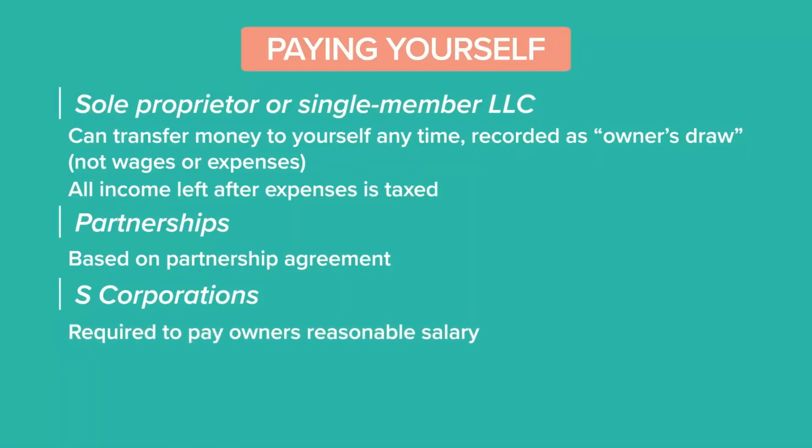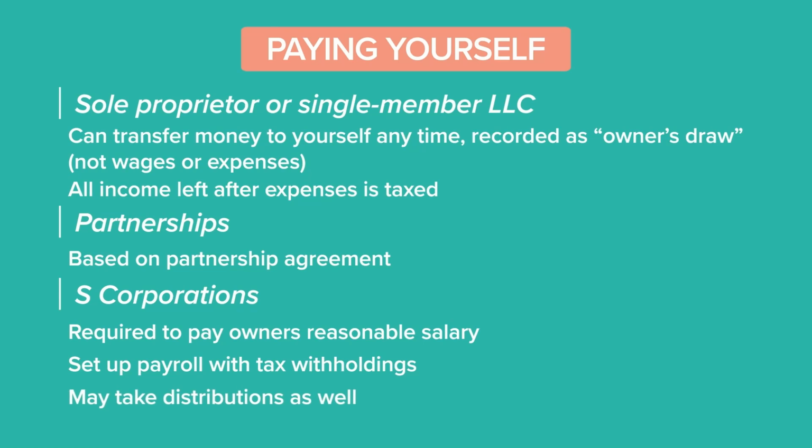Remember that you're required to pay yourself a reasonable salary first, which means setting up payroll with tax withholdings. On top of your salary, you may also compensate yourself with distributions that won't be subject to employment taxes. For more information about what's considered a reasonable salary, make sure to check out the resources in our lesson guide.